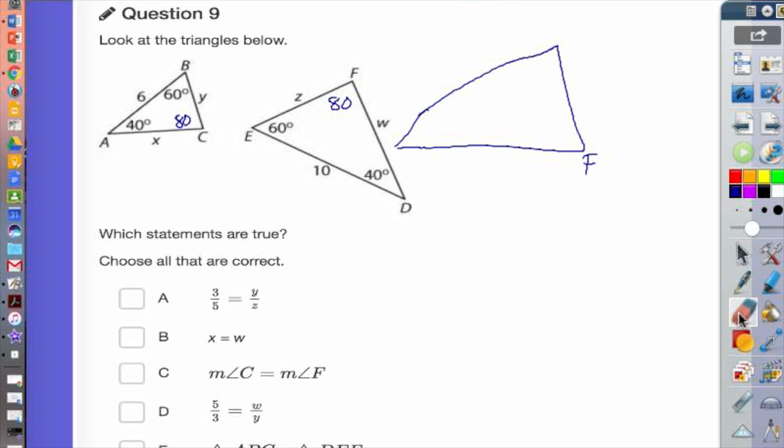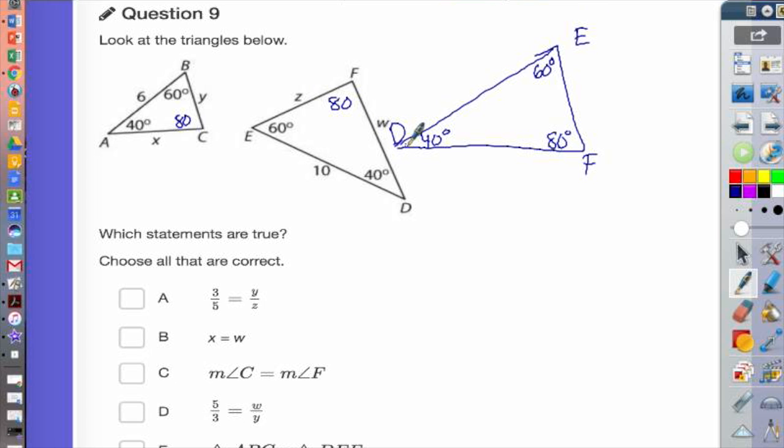Let me draw it a little better. This would be your D, so that's 40 degrees. F is 80 degrees. This would be 60 degrees, your E.